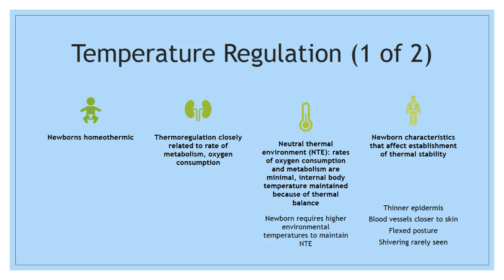So now we have a newborn who's hypothermic, cannot compensate, and now they've created a hypoxic environment for themselves as well. Also burning up all of their energy and all of their glucose stores and all of their brown fat trying to keep themselves warm will also deplete their glucose stores and cause them to become hypoglycemic as well. So that's kind of how they work together.